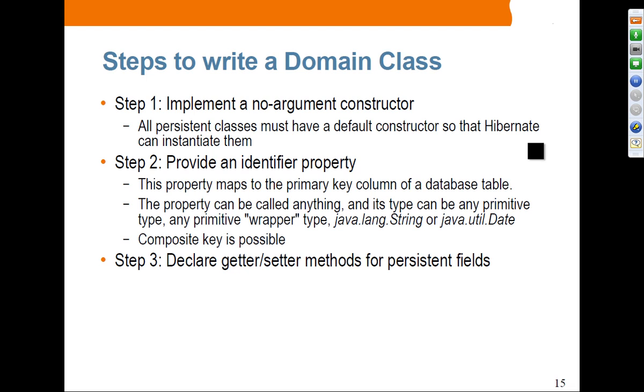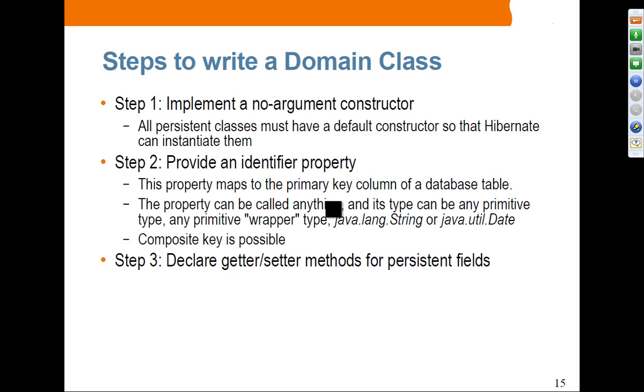Okay, so the steps for writing this domain class are pretty simple. Step number one, you have to have a no-arg constructor. And you have to have an identifier property. So you have to have a field. Typically, you're going to name it as an ID field, and that is designated as the identifier property, and it maps to the primary key column of your table.